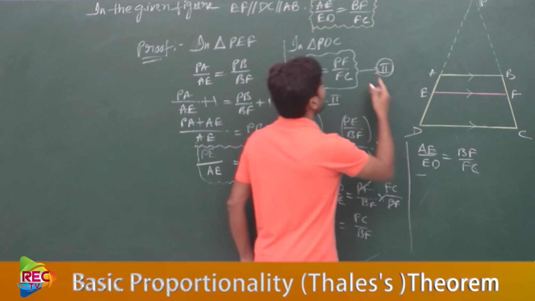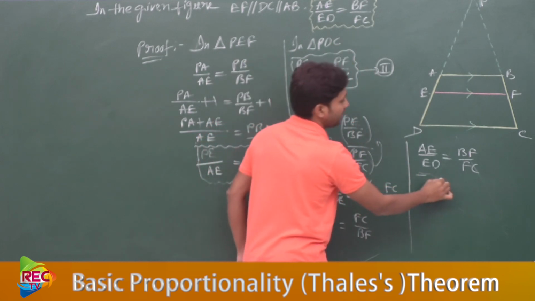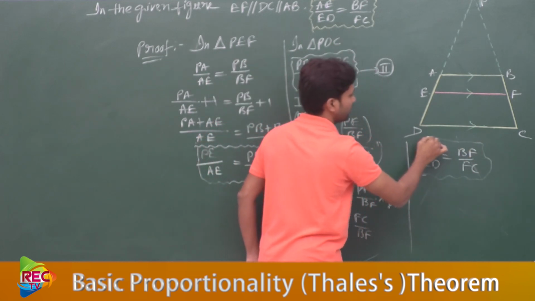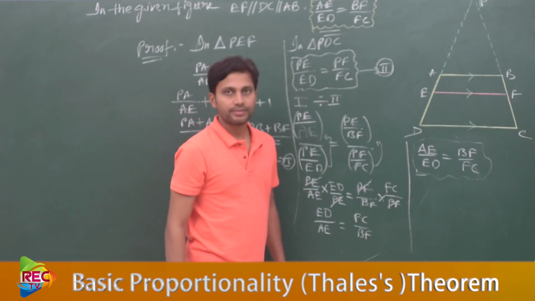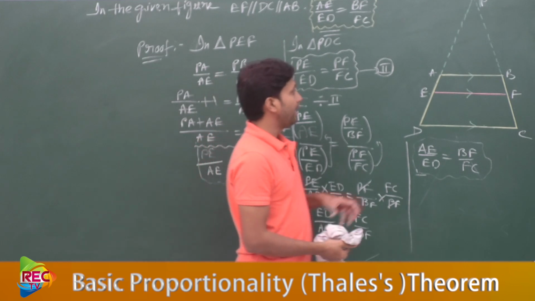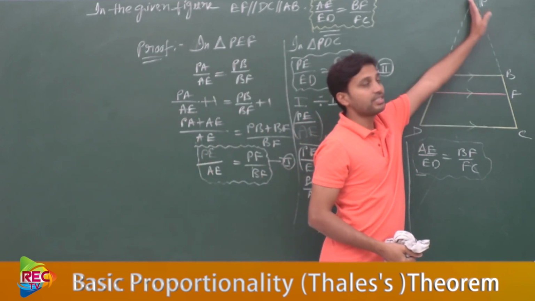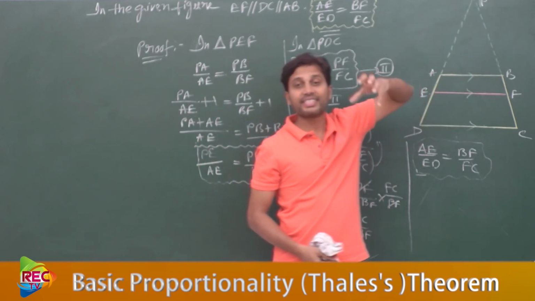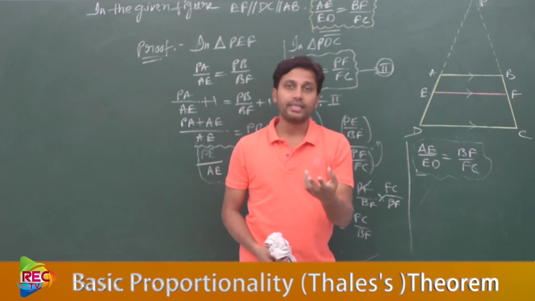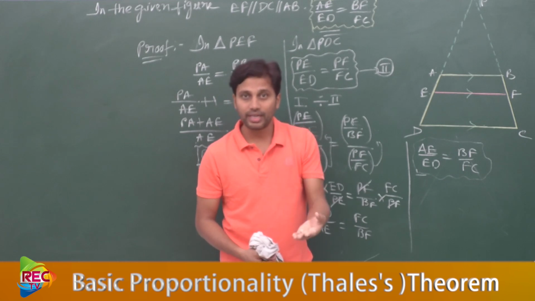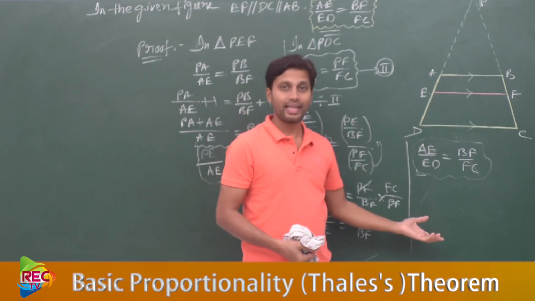So I think this is your required relation. So we proved it or not? Exactly, we proved it. So we took the help of extended line segments over here and we made it a triangle, and then with the help of the triangle we applied the basic proportionality theorem to that, and we could solve it like this.